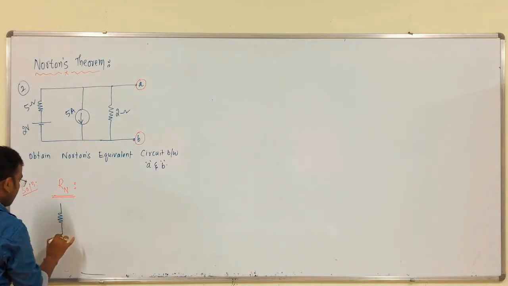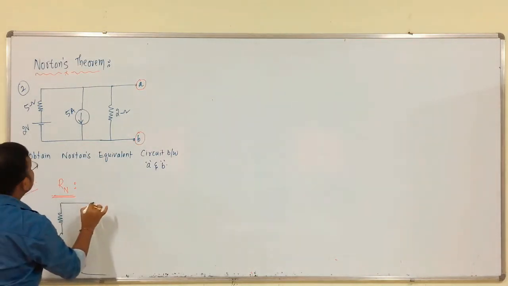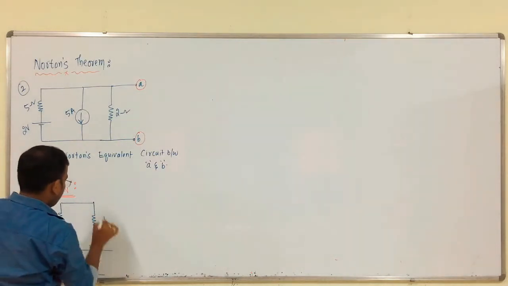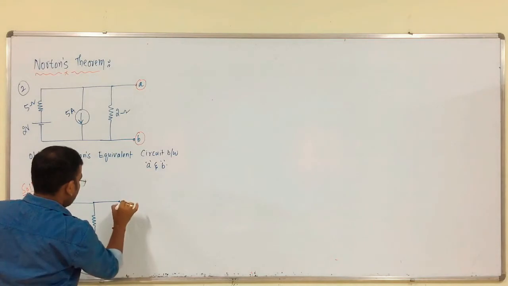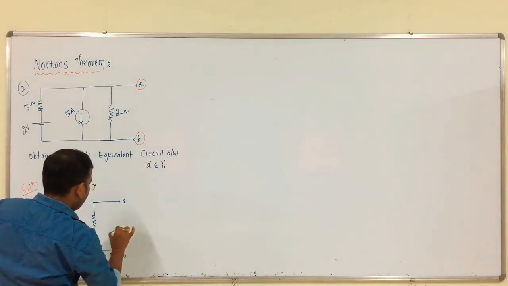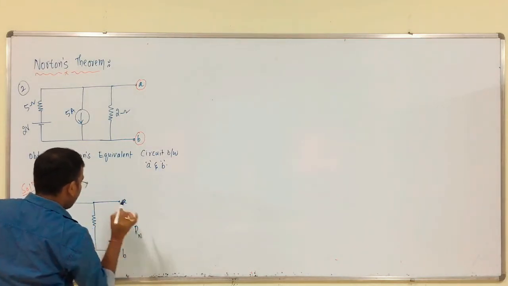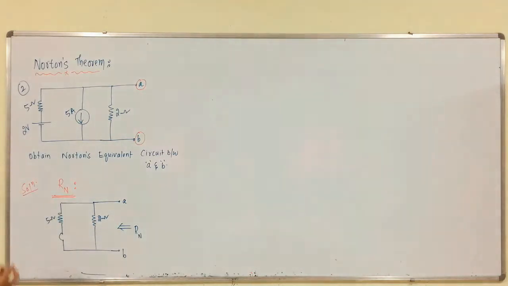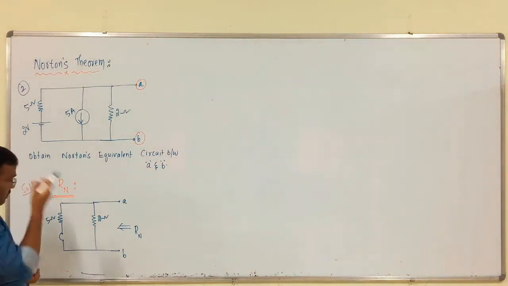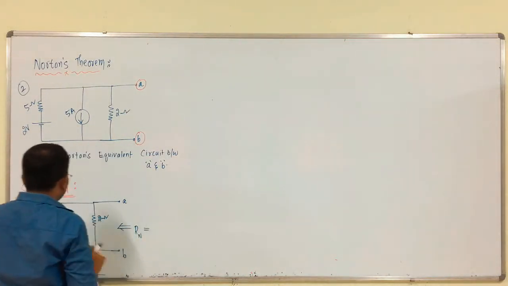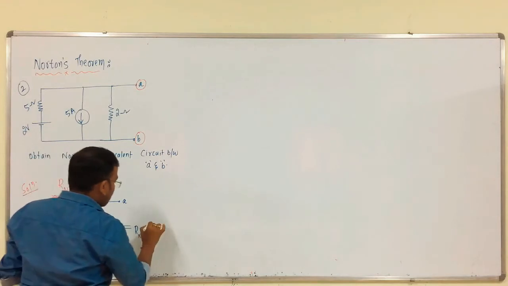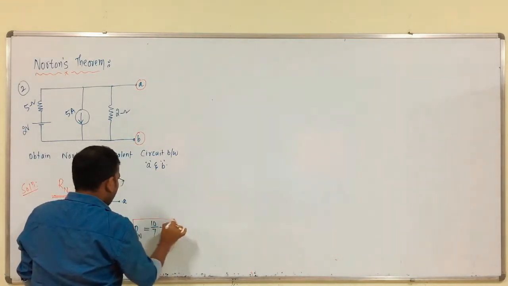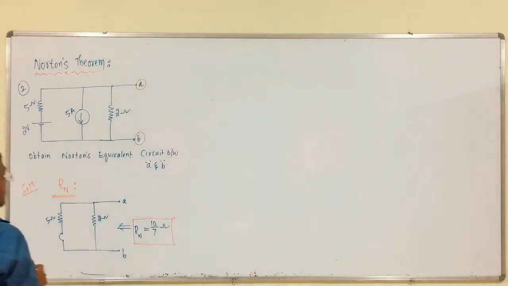This is short circuited, this is open circuited, therefore we have the 2 ohm branch. This is A, this is B, between which we have Rn. This is 2, this is 5. By looking at this circuit, Rn is equal to 5 into 2 by 5 plus 2, that is 10 by 7 ohms. So, Rn is equal to 10 by 7.